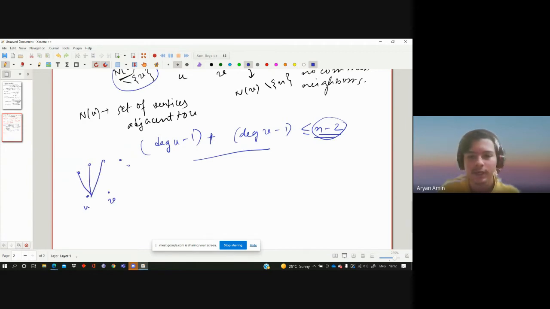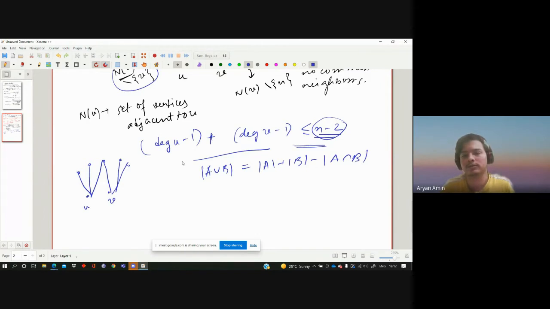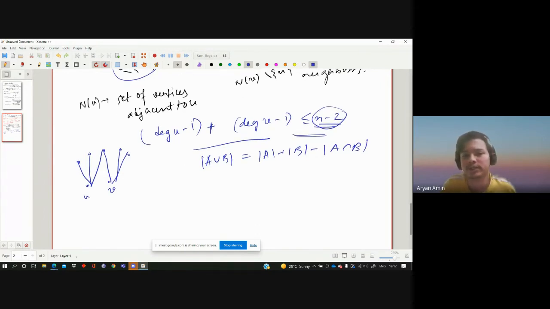Then if this condition doesn't hold, you can just use this to get that a common neighbor must exist. I'll just leave the details. So we find that if uv is an edge, then this condition holds. Otherwise, if this is not true, then you'd end up with a common neighbor. So this basically rearranges to: degree u plus degree v is at most n for all edges uv.